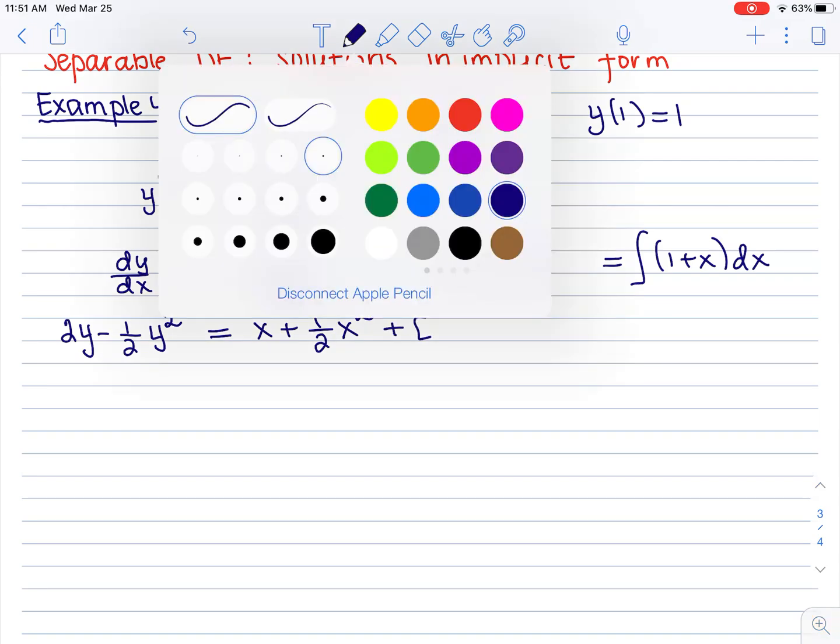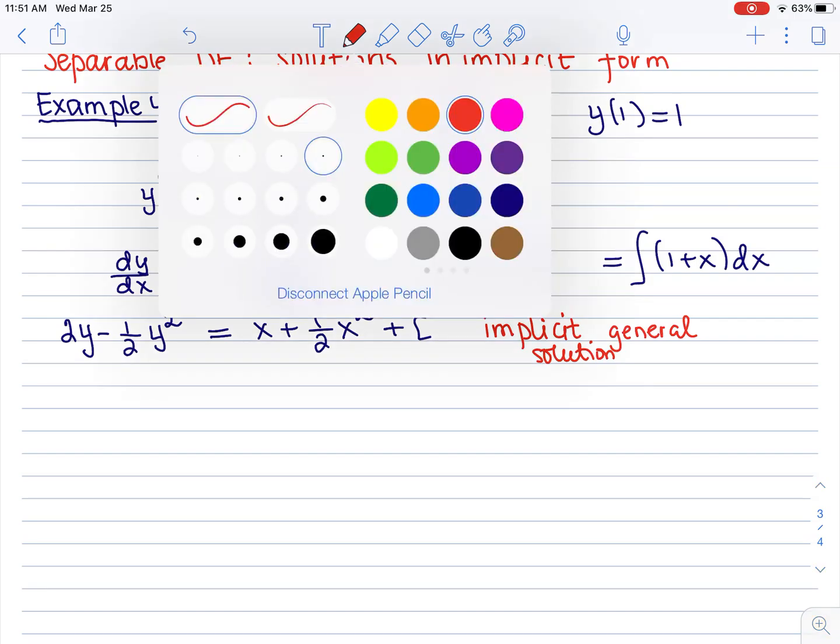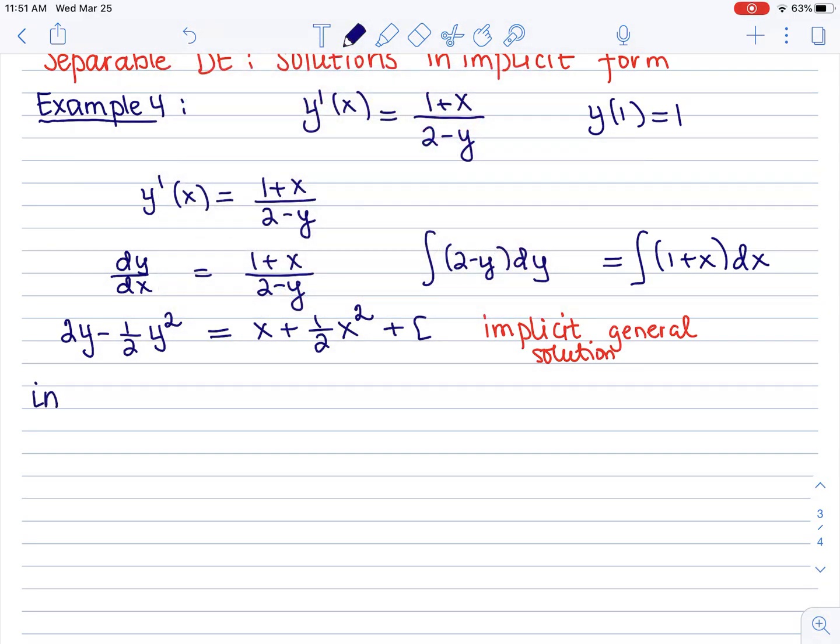So this is an implicit general solution. We have that constant c that we don't know, but now we're going to use the initial condition.